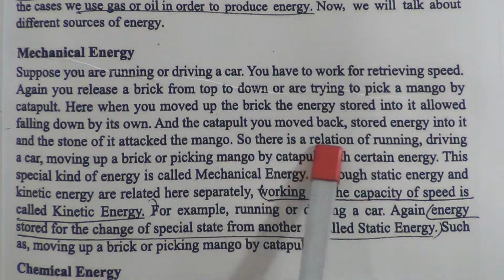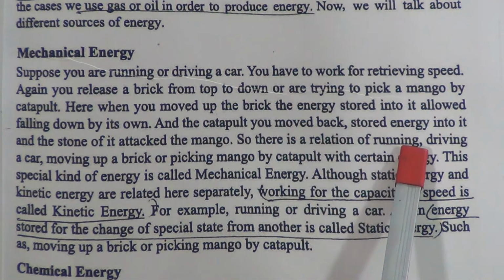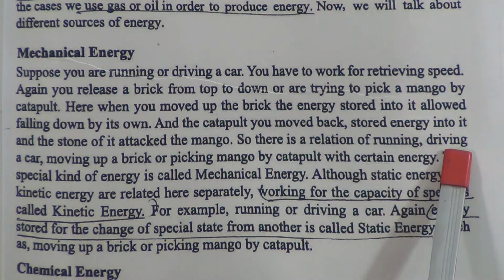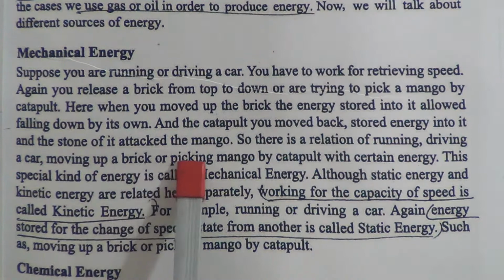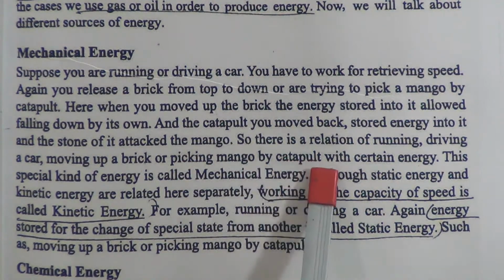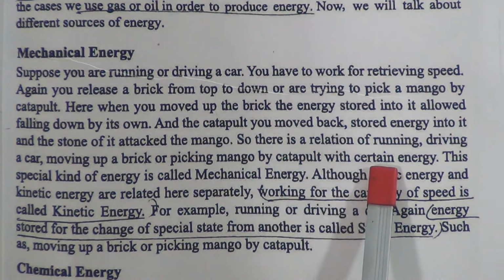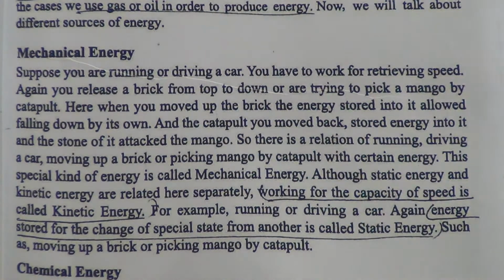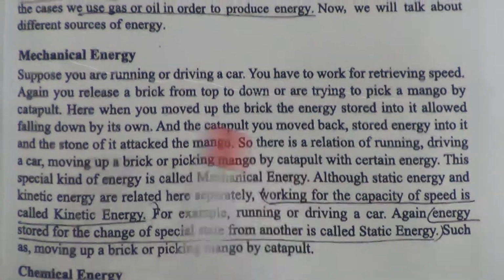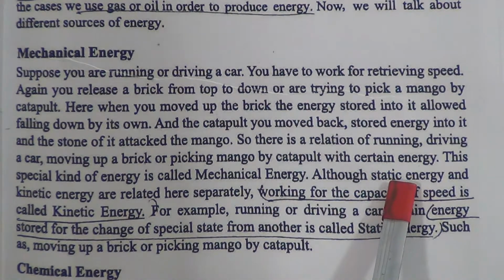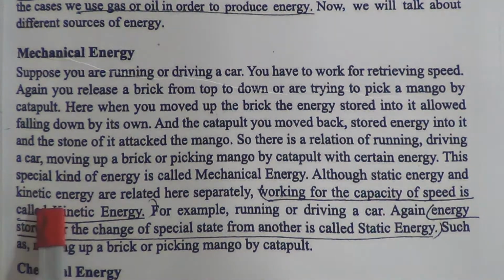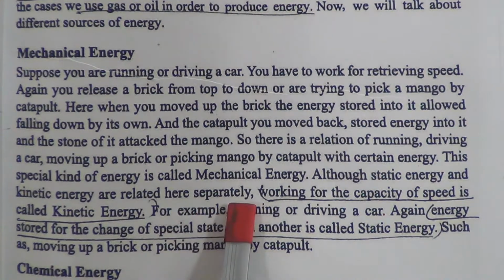So there is a relation of running, driving a car, moving up a brick, or picking a mango by catapult with certain energy. This special kind of energy is called mechanical energy. Although static energy and kinetic energy are related here, they are separate.